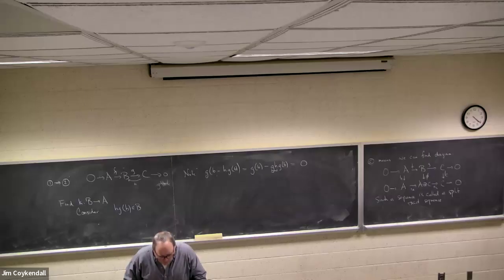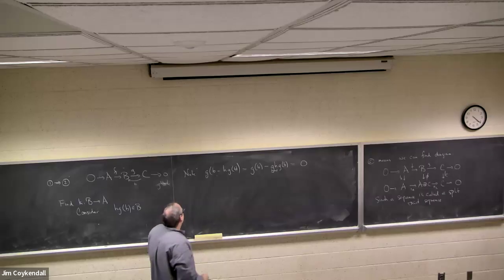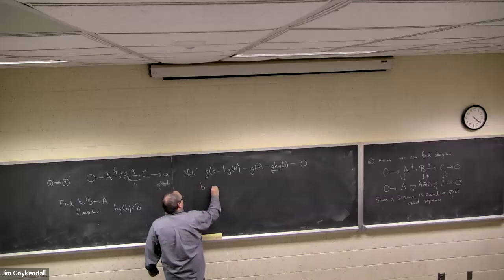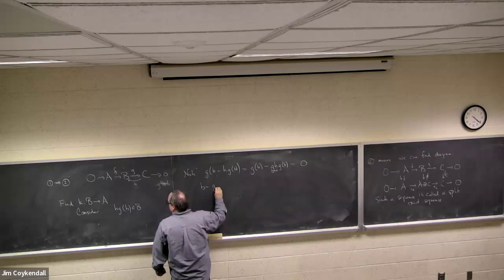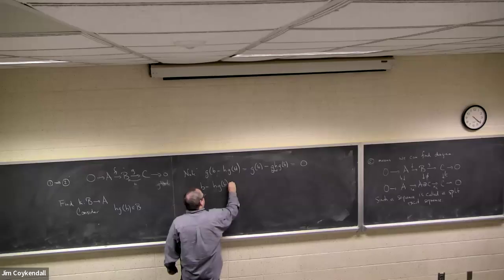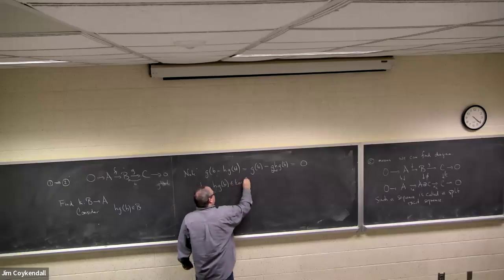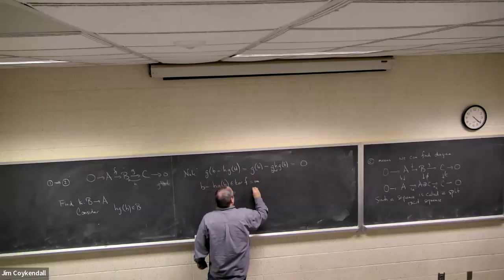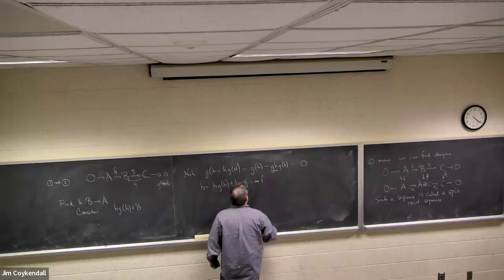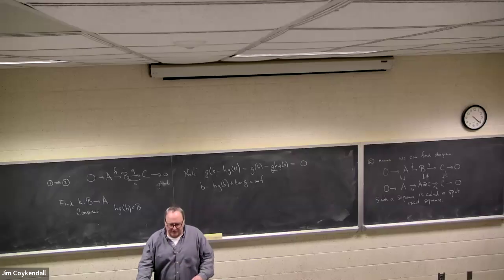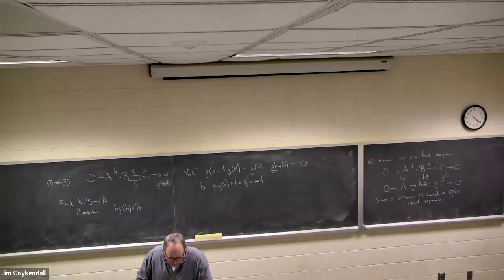And this gives me an intelligent way to assign an A to it. B minus HG of B is in the kernel of G, which is the image of F. And so there exists some A such that F of A is this thing.